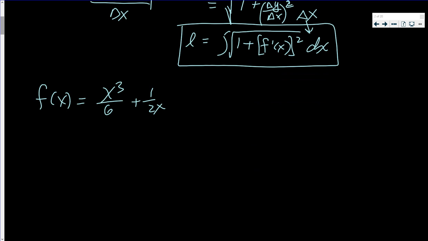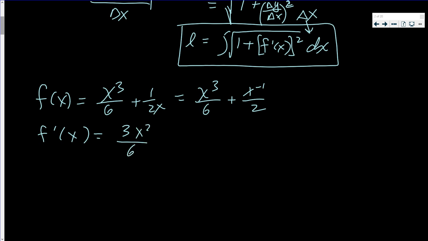Now, you want to take the derivative of this. So it's probably friendly to rewrite the second fraction as (1/2) x to the negative 1. Now, when you take the derivative, you bring down the exponent: 3x squared over 6 minus 1 x to the negative 2.